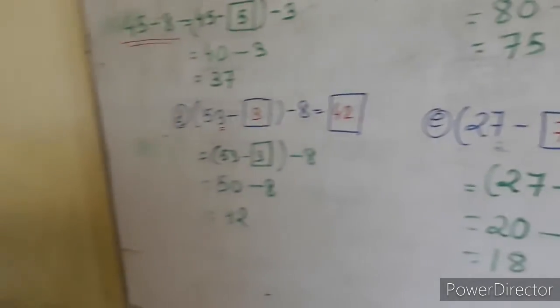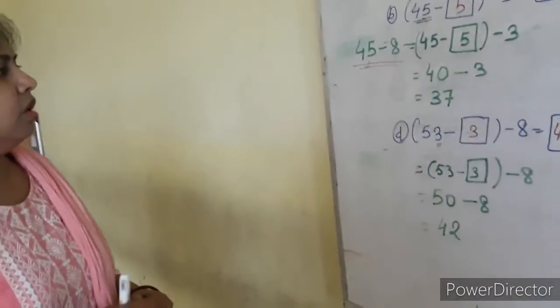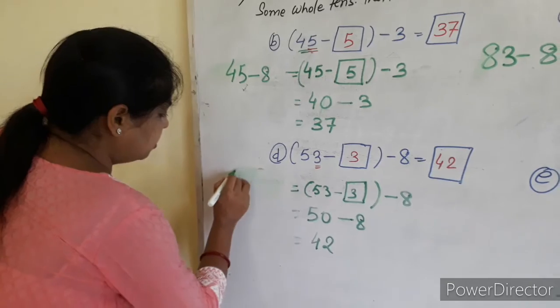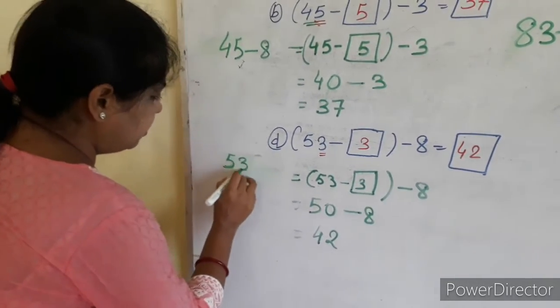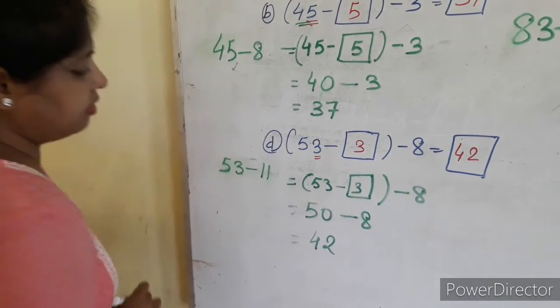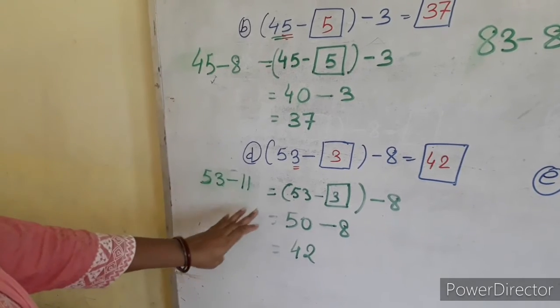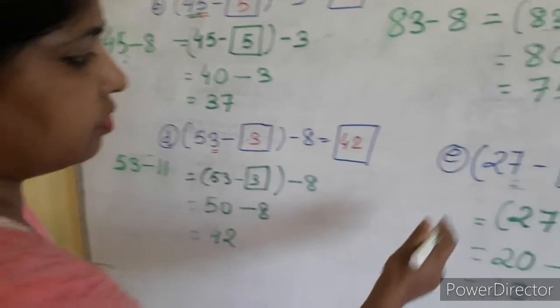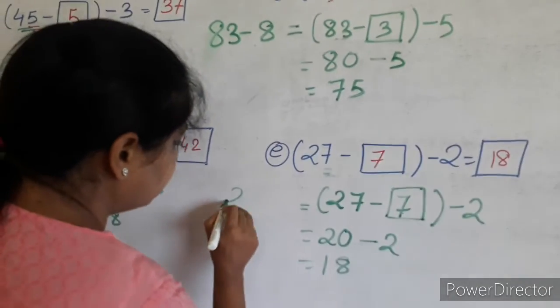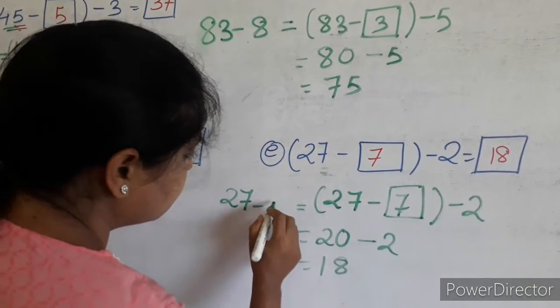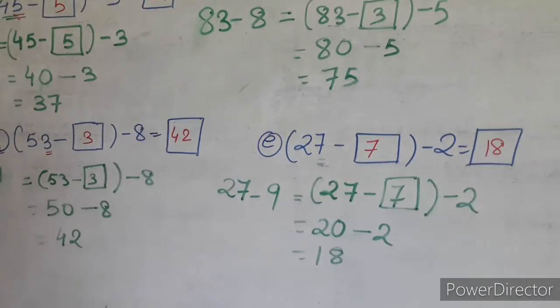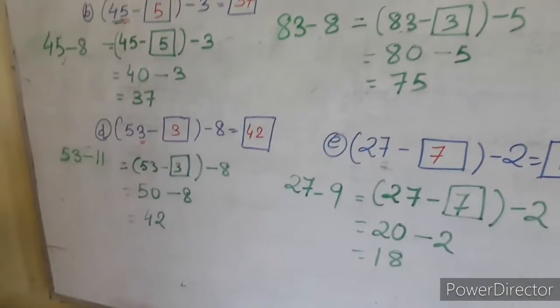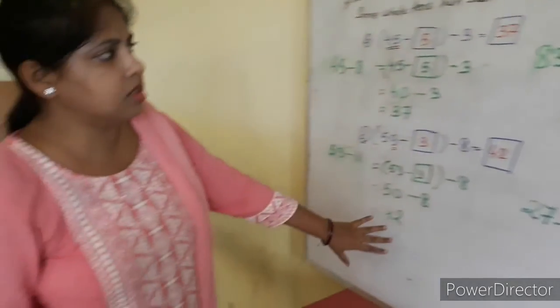Hope you all understand this question. Then there is 53 minus 11. I just write it so it is very easy for you to understand. For this side, write 27 minus 9. Hope all of you understood these questions.